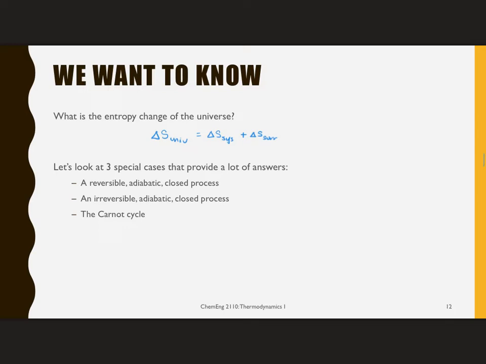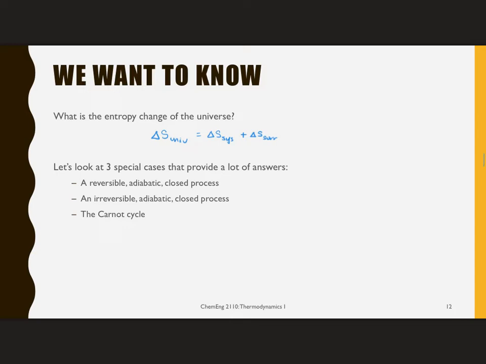And in order to understand what this really means, what the implications are from this, it's nice to look at some special cases and draw some understanding. So we're going to look at three that are particularly useful. We're going to look at a reversible adiabatic closed process.